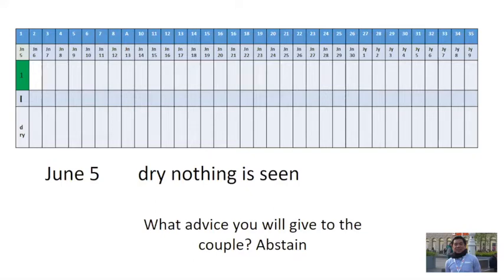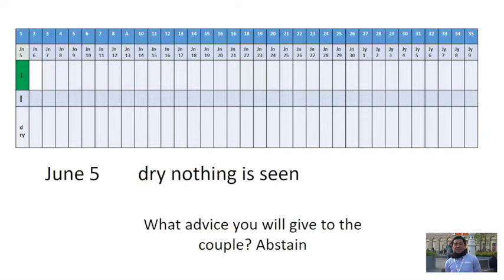We need to look for the patterns of infertility. How to identify if the pattern of infertility is already happening? We need to know if the cervix is already closed. And the only way for us to know that the cervix is completely closed is if we are able to accumulate 3 days of dry.